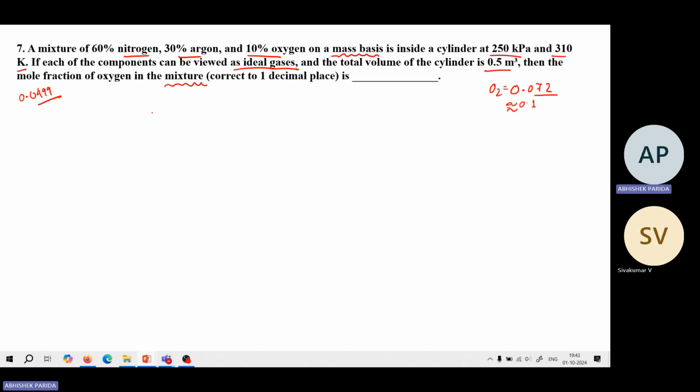Since it has given mass basis, consider the mixture mass is 1 kg. If mixture mass is 1 kg, then nitrogen mass is 0.6 kg.